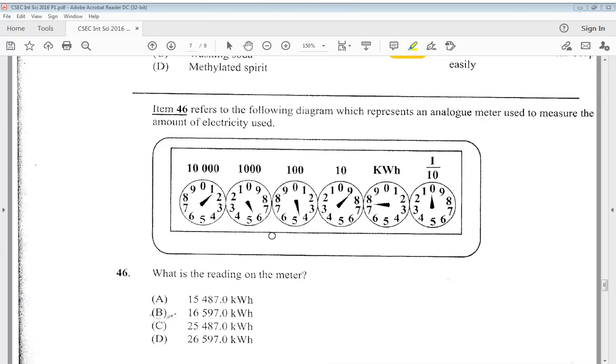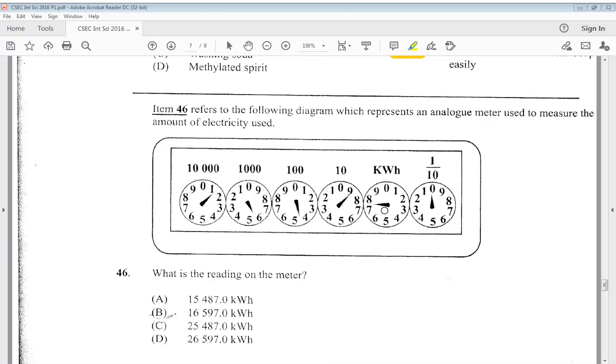Then we have 4, and then we have 8, and then we have 7.0.